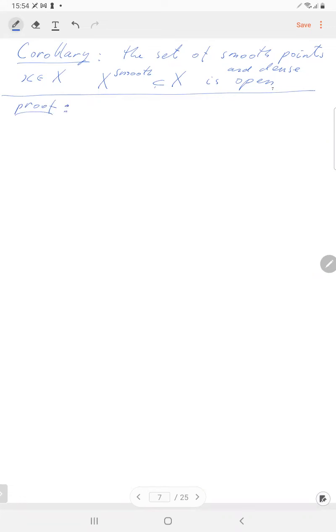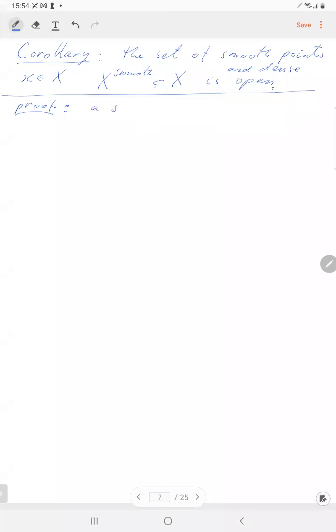So first of all, last time we proved that if a point is smooth, then it lies on just one irreducible component. Any point in the intersection of two or more irreducible components is necessarily a singular point.